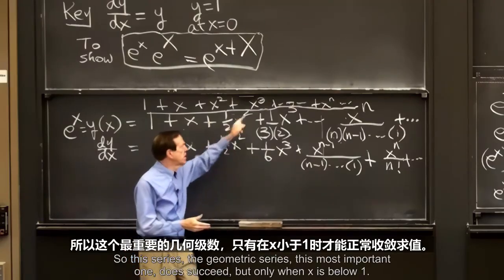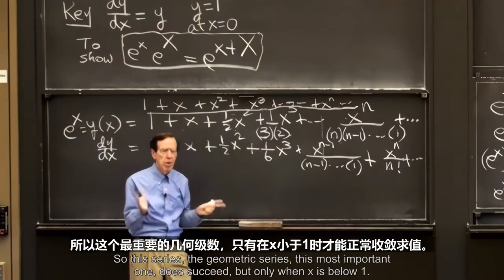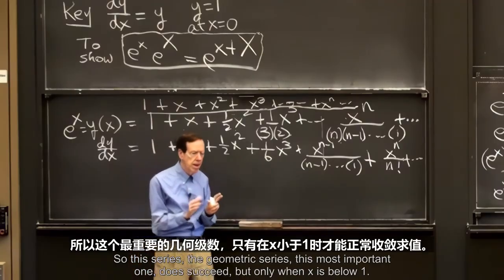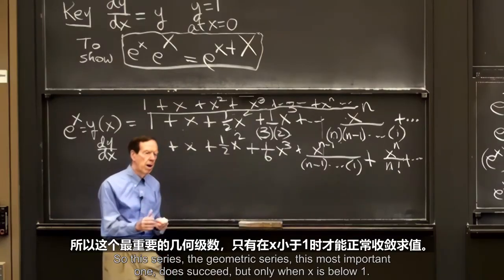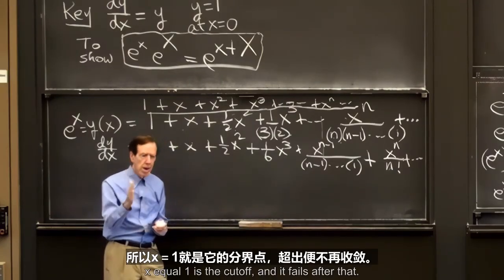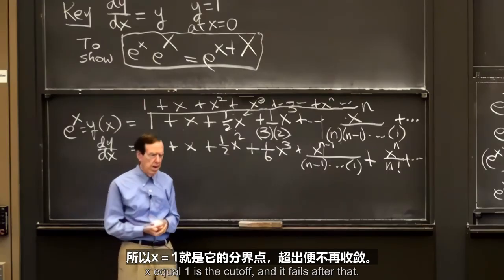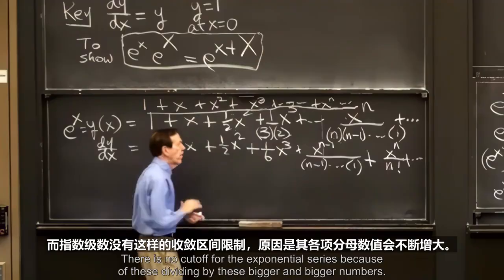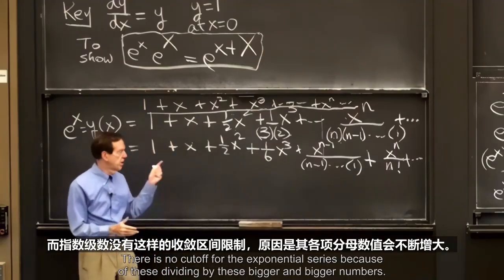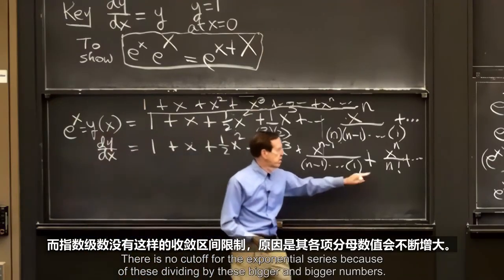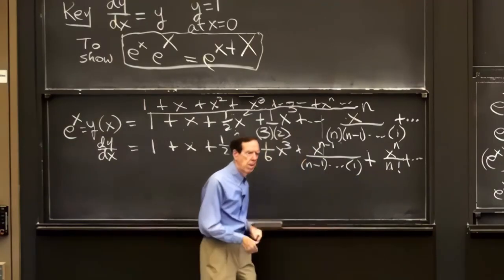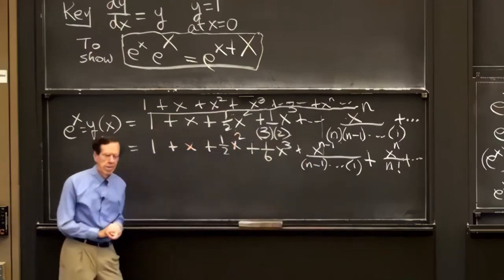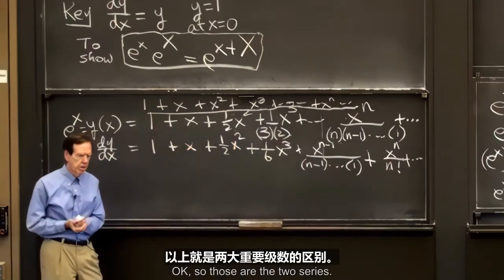So the geometric series does succeed, but only when x is below 1. X equal 1 is the cutoff, and it fails after that. There is no cutoff for the exponential series because of dividing by bigger and bigger numbers, this works for all x. Okay, so those are the two series.